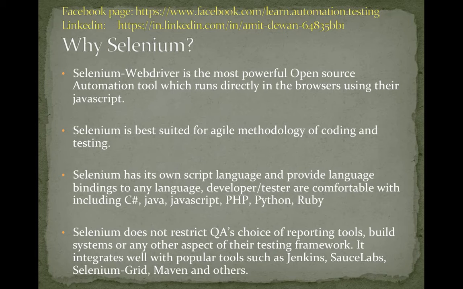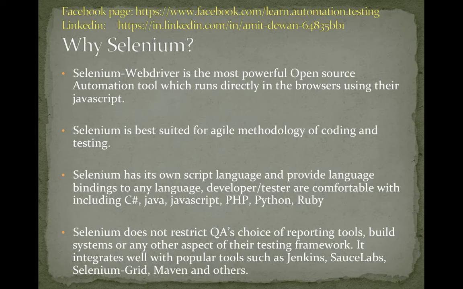Another advantage is that Selenium has its own scripting language known as Selenese, and it provides language bindings to any language a developer or yourself are comfortable with, including C Sharp, Java, JavaScript, Python, PHP, and Ruby. So Selenium can be written in any of these languages.